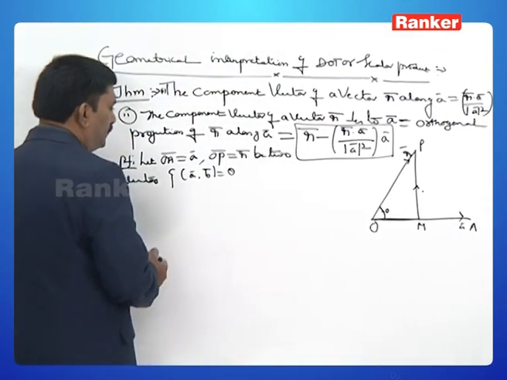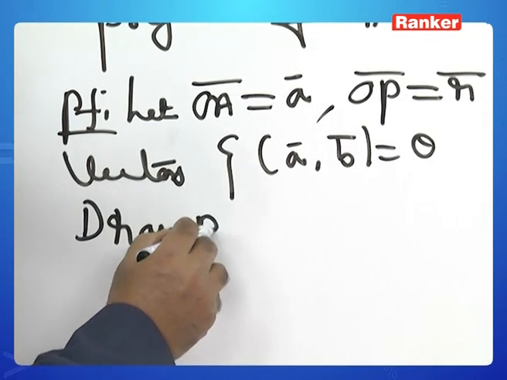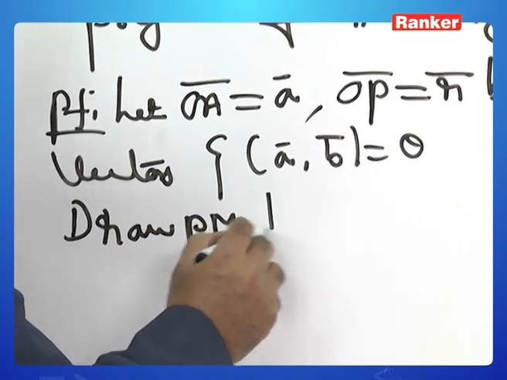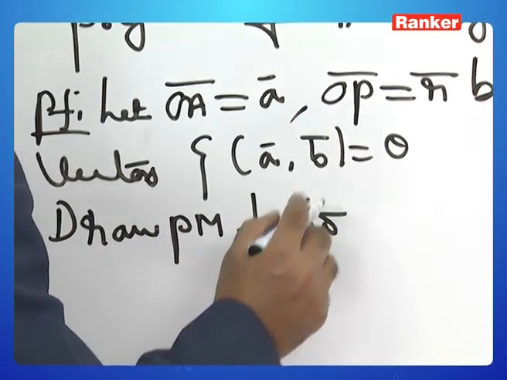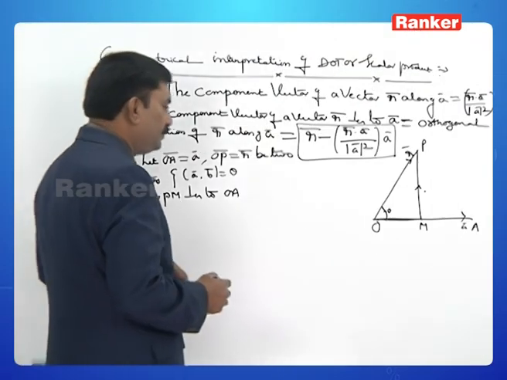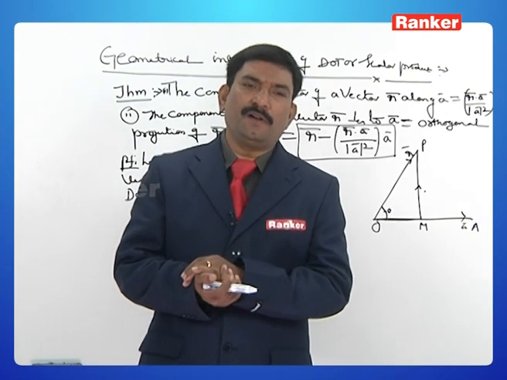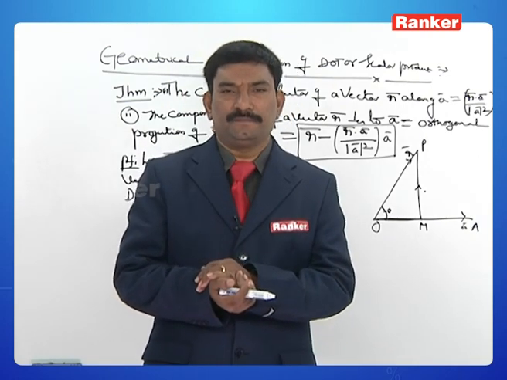Now draw PM perpendicular to OA. This OM is called length.